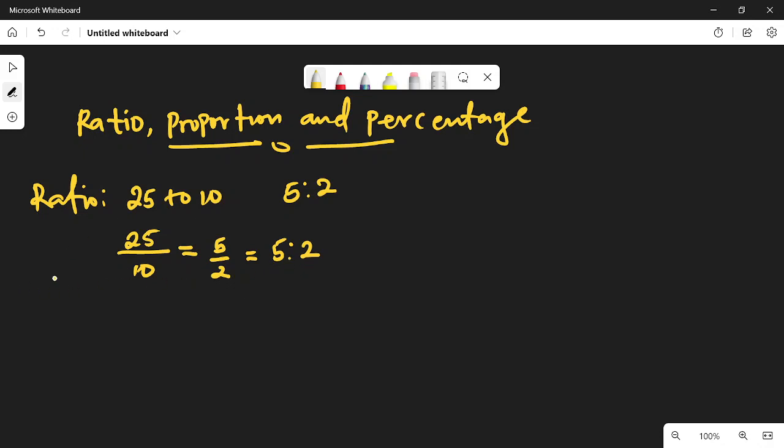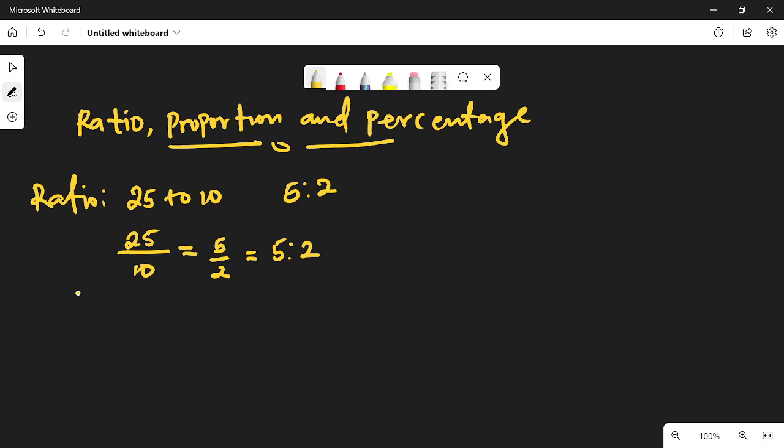Is that okay now? So that's what we refer to as ratio. In a nutshell, when you talk about ratio, we are talking about combination of numbers with the same units in their simplest form, or the result of the division of one number by another. Those are the things we refer to as ratio.